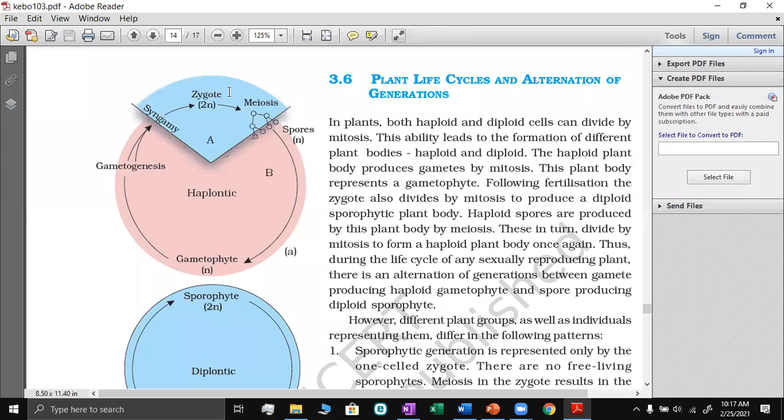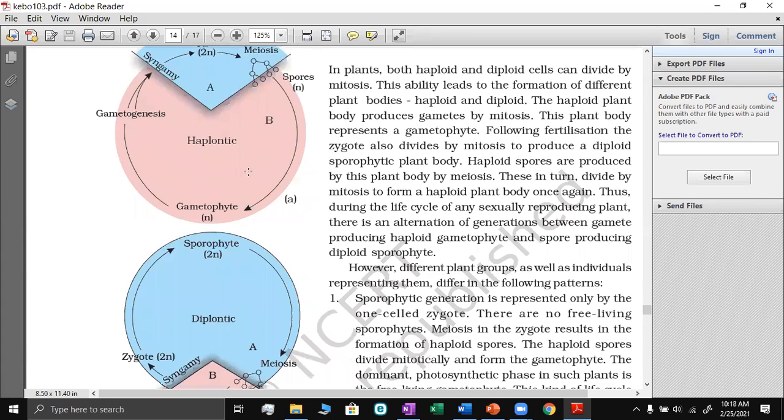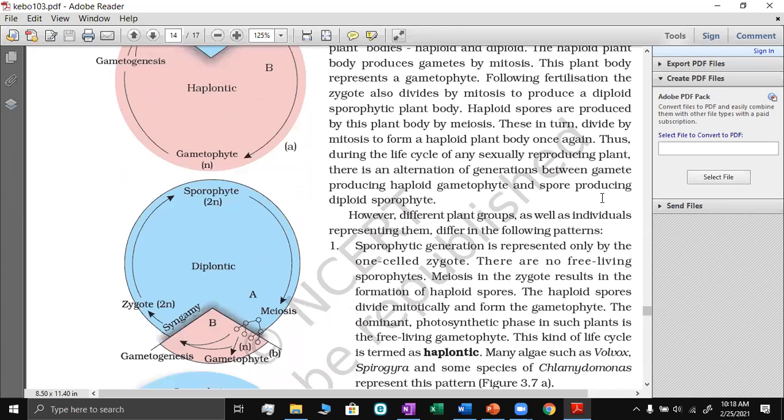So the diploid generation is represented by a single cell, the zygote. This type of life cycle is called haplontic and is very common in algae.